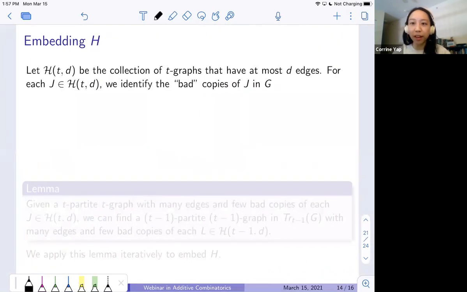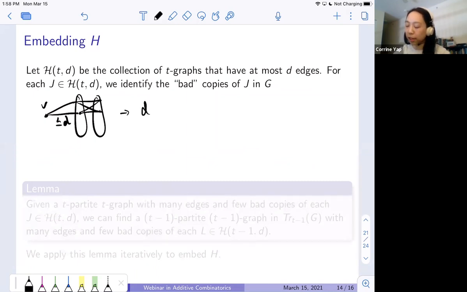Because what are the possible subgraphs that could come up as the link of a vertex? They're only the subgraphs that have at most D edges, because I've demanded that my forward degrees are bounded by D. So there are only at most D edges in this subgraph that I would have to extend. And so this comes from the D trace boundedness.